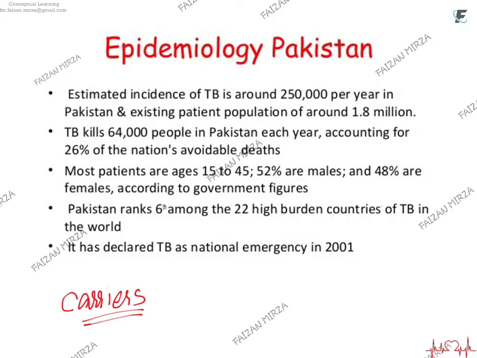This was tabulated back in 2001 when the national emergency was imposed in Pakistan, and TB was declared a national emergency. At that time, Pakistan ranked 6th among 22 high burden countries of TB, because we have a lot of carriers of TB, and TB is quite prevalent in our country.